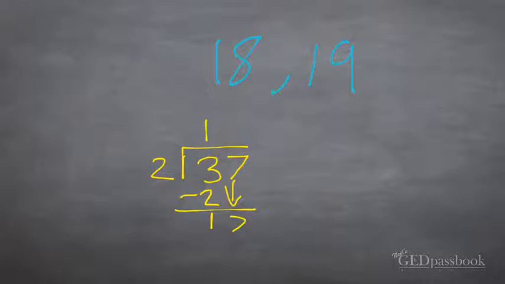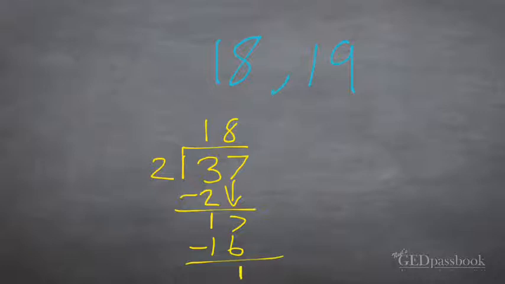How many times does 2 fit into 17? 2 goes into 17 2, 4, 6, 8, 10, 12, 14, 16, so 8, to create 16, with a remainder of 1.